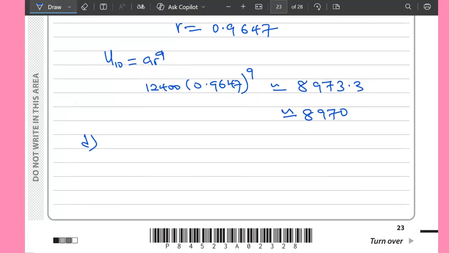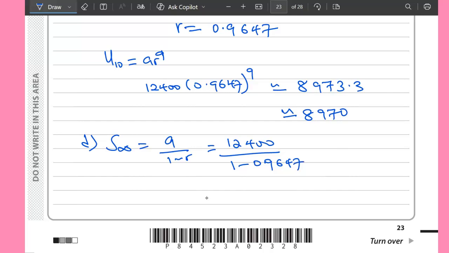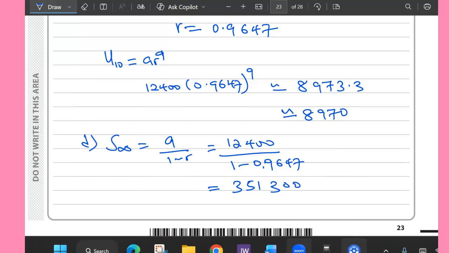So we know that the sum to infinity is given as a over 1 minus r, and this one will be the same as 12,400 over 1 minus 0.9647, and this is equivalent to 351,300. Solution for part D.